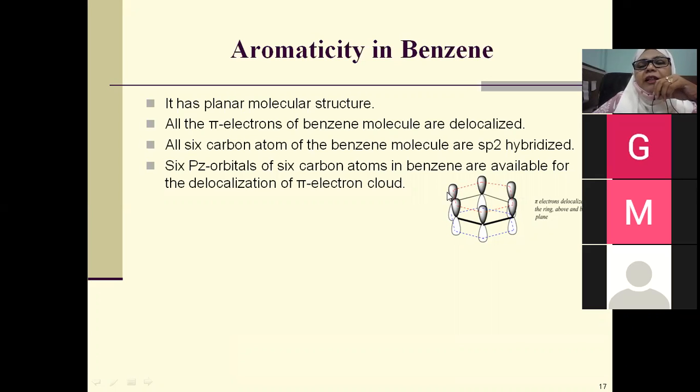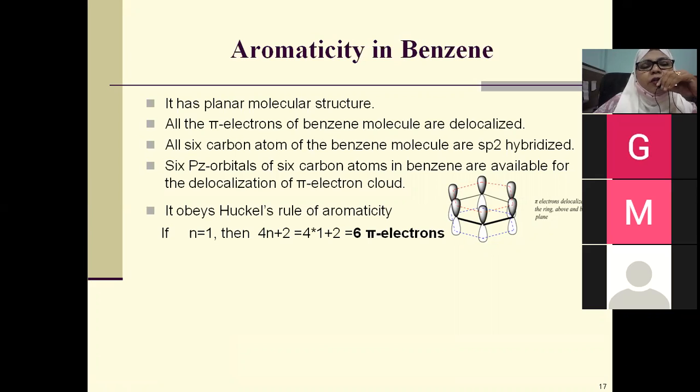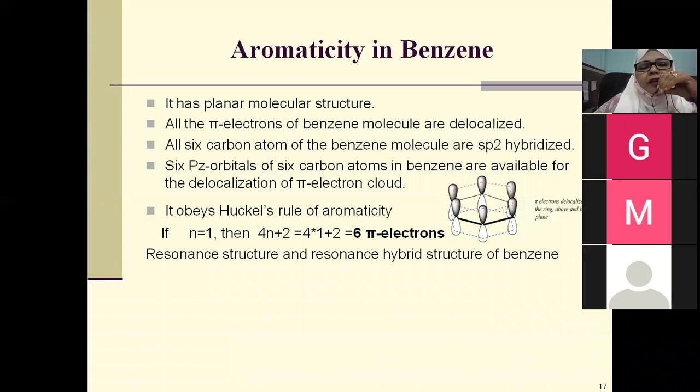Okay, so they are basically forming a ring type of structure, a cloud type of structure at the top and bottom of the benzene ring. Okay, so it obeys Huckel's rule of aromaticity, that is 4n plus 2 pi electrons. So you have just now told me that benzene is having 6 pi electrons. That's why it is aromatic in nature.